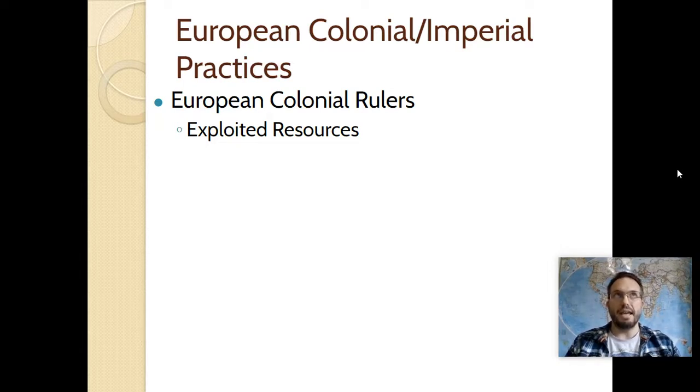So that gave Europeans the resources that they needed or wanted, that is, to really fuel their industrial revolution. By the way, that industrial revolution allowed the Europeans the ability to imperialize the world. And so industrialism becomes super important here, and you'll see it as we go along.